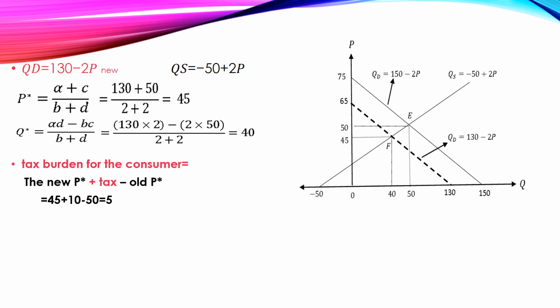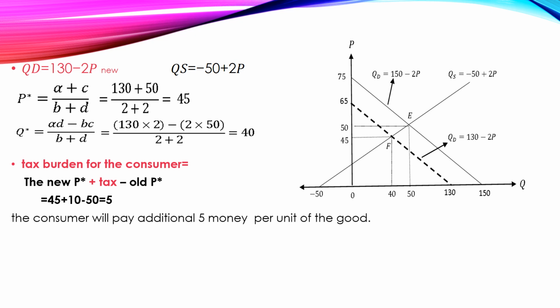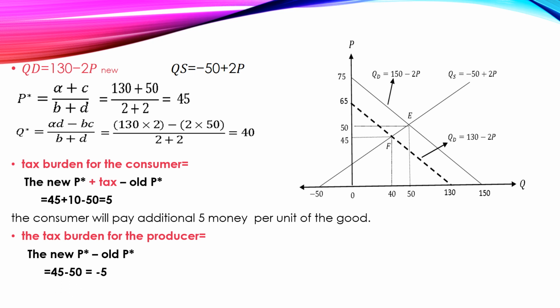The consumer will pay an additional 5 money per unit of the good. And for the tax burden for the producer, the new equilibrium price equals 45 minus the old equilibrium price, which is 50. 45 minus 50 equals negative 5. So the producer will receive 5 money less per unit of the good.